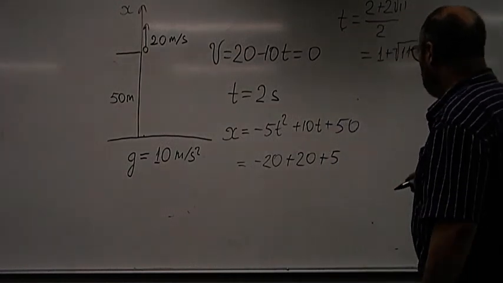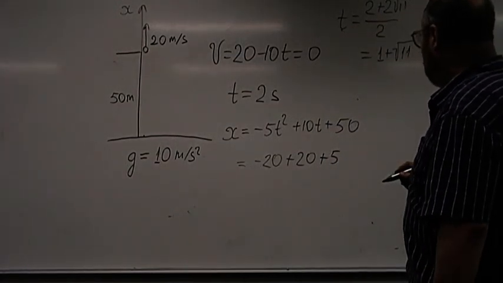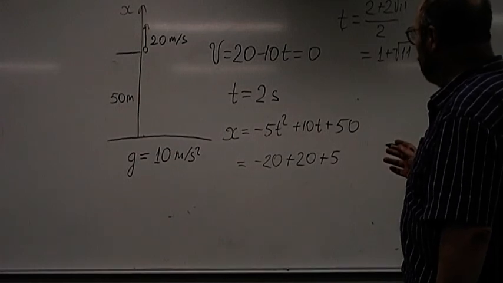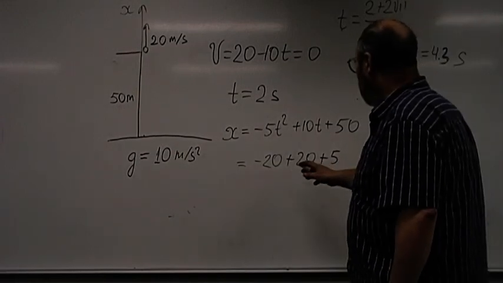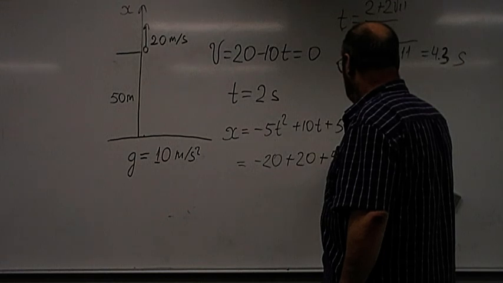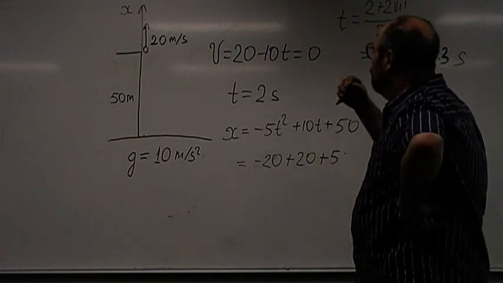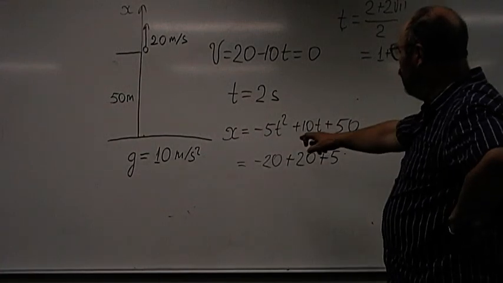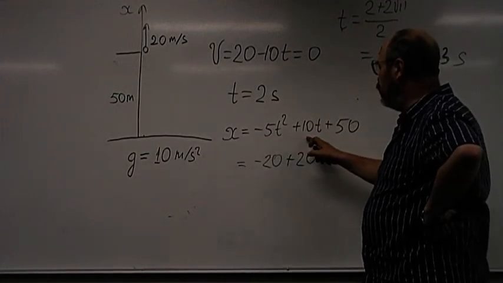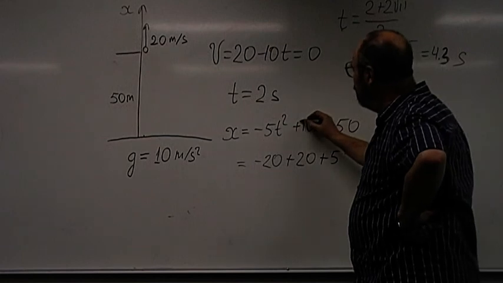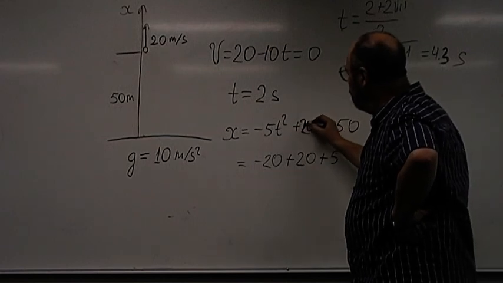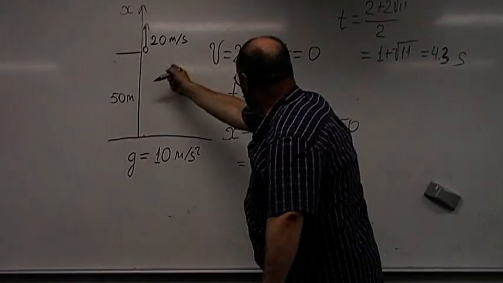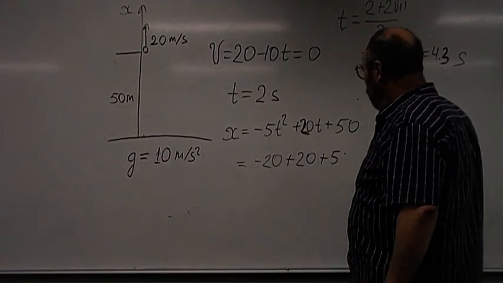Let's check this. The formula was minus 5t squared plus 20t, sorry. Velocity is 20, yes, so the other one will be wrong.